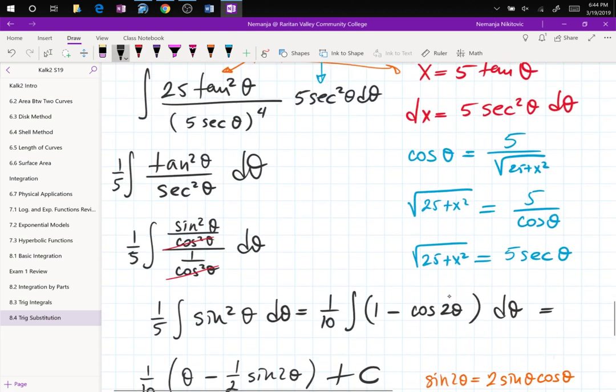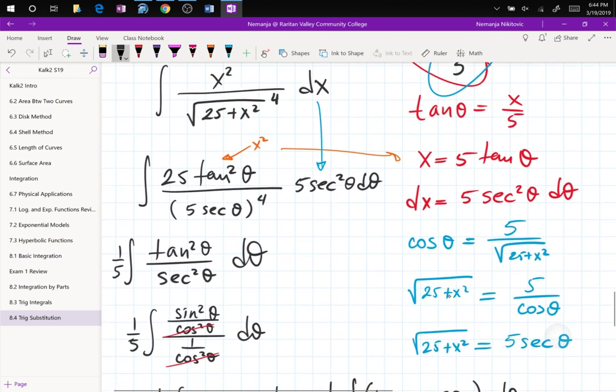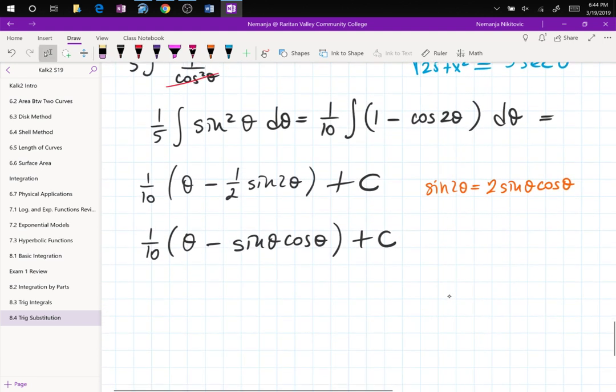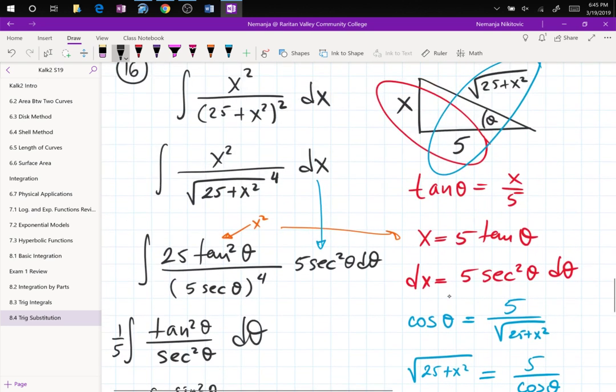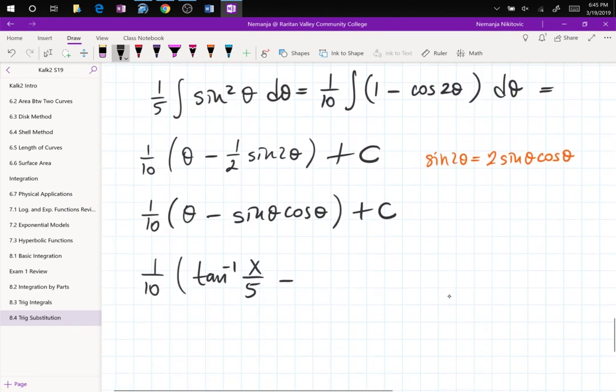We can use inverse tangent, x over 5, it's nice. So 1 over 10 tangent inverse of x over 5 minus sine, which is x over square root, times the cosine, which is 5 over square root, plus c.